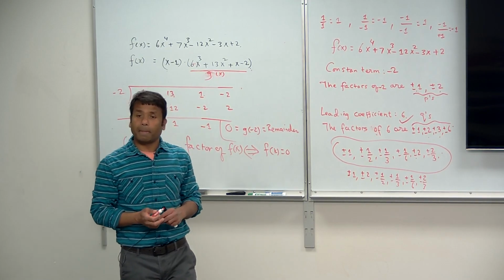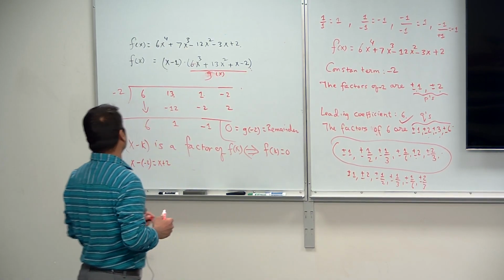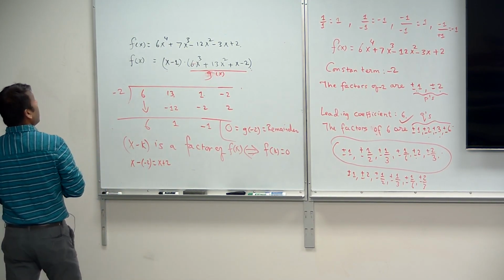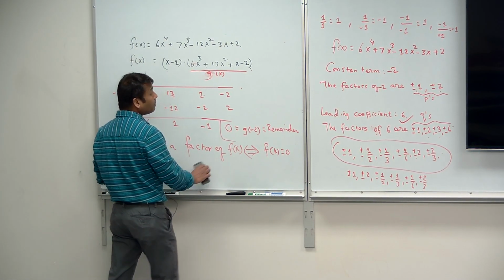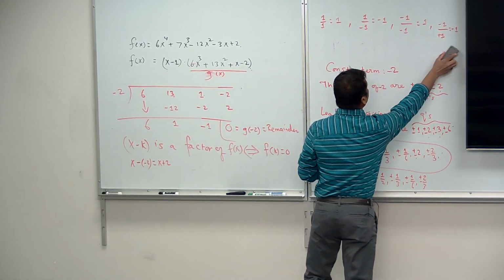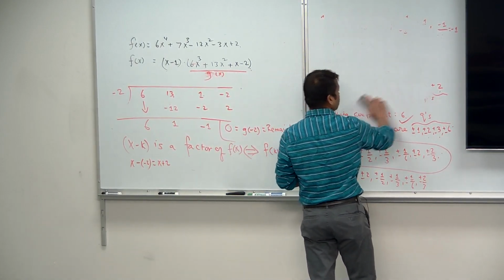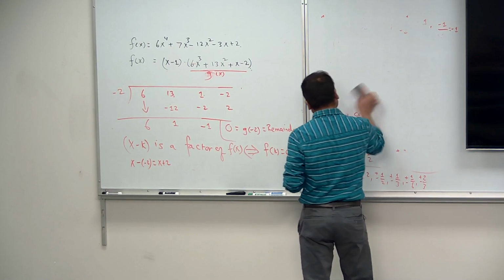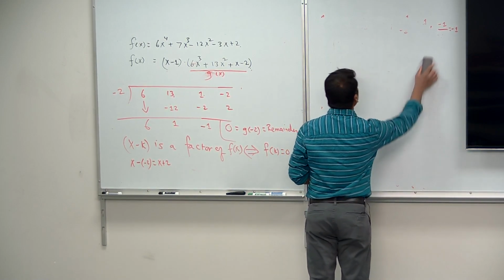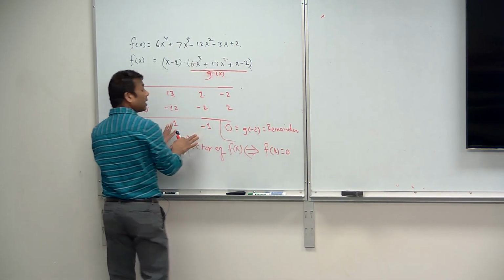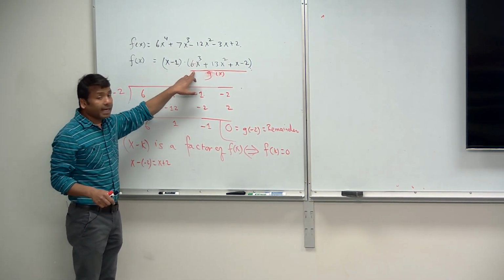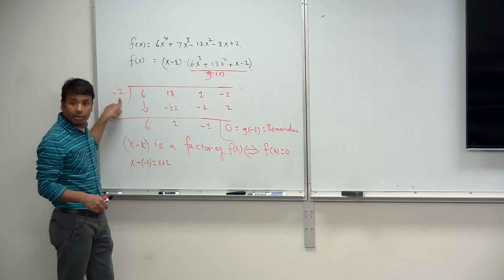Did you get it? So now, and again, if you use the division algorithm, remember, in this synthetic division, your polynomial is divided by x plus 2, is that right?